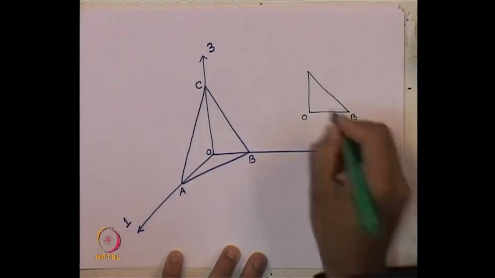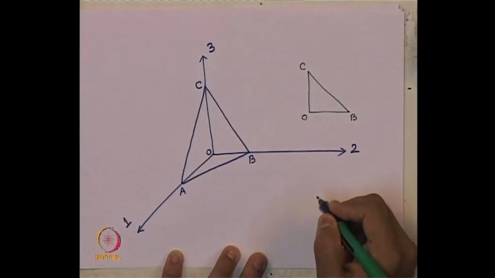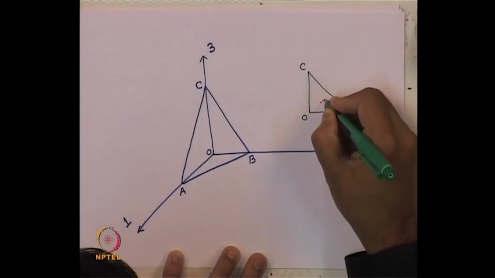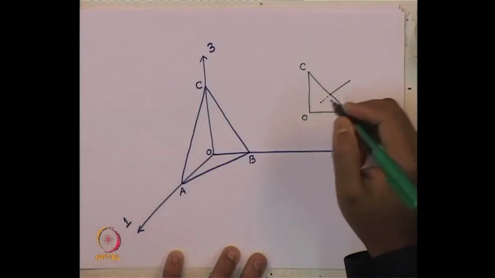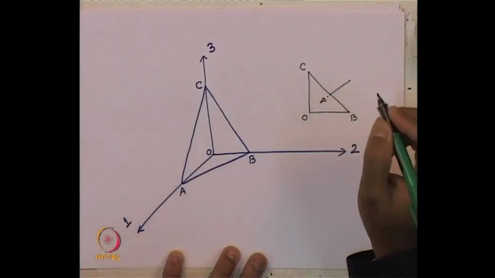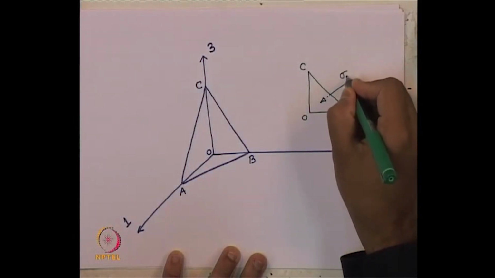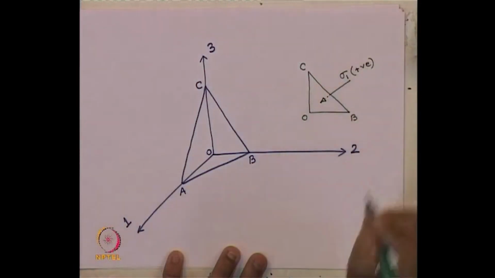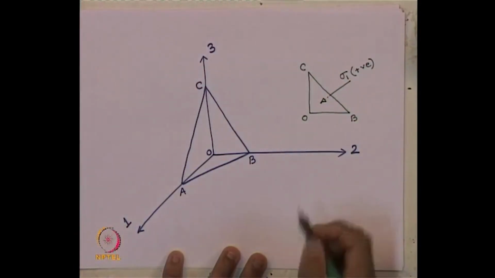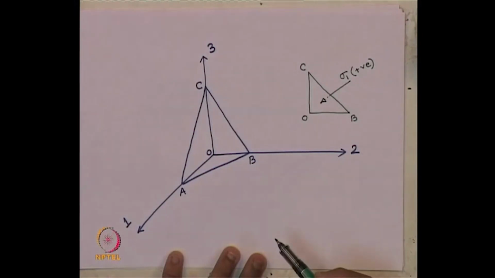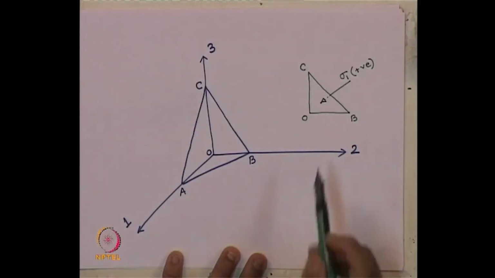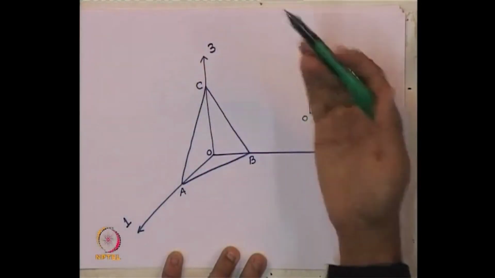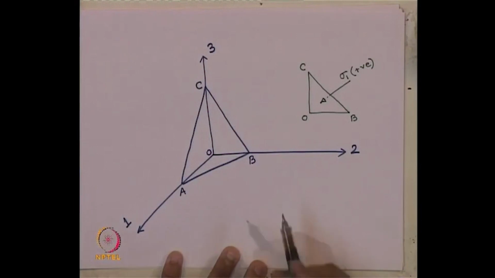O, B, C on this plane, let us say we have normal stress sigma 1, and this is the positive direction we are considering, compression positive. So, sigma 1 is what? The principal stress in direction 1 acting on this plane. Okay?